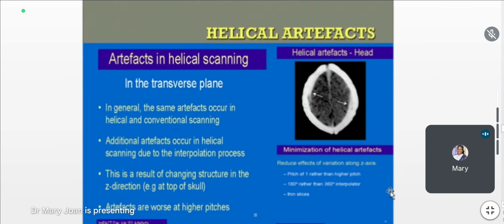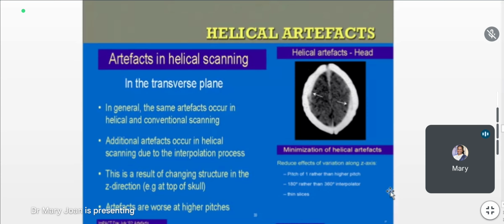Helical artifacts. In the transverse plane, in general, the same artifacts occur in helical and conventional scanning. Additional artifacts occur in helical scanning due to the interpolation process. This is a result of changing structure in the Z direction, for example at the top of the skull, and artifacts rise at higher pitches.